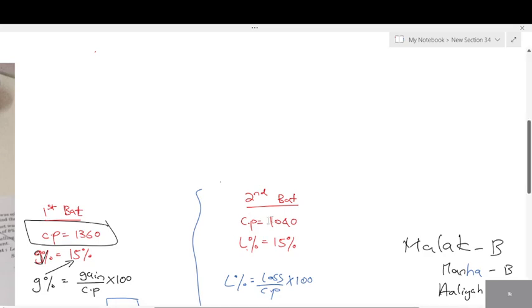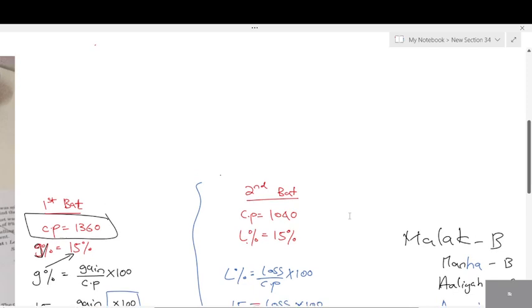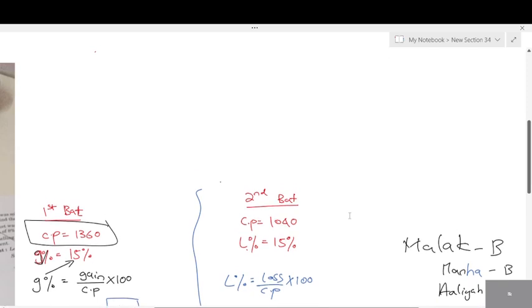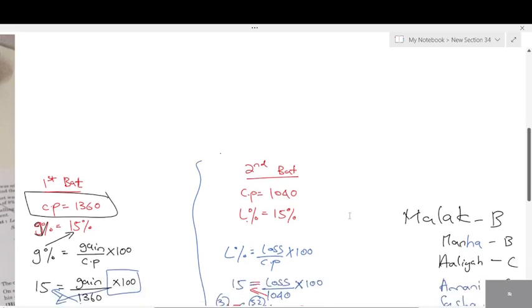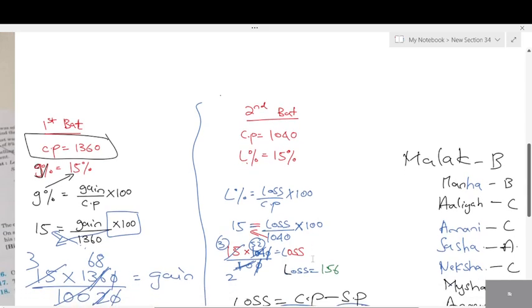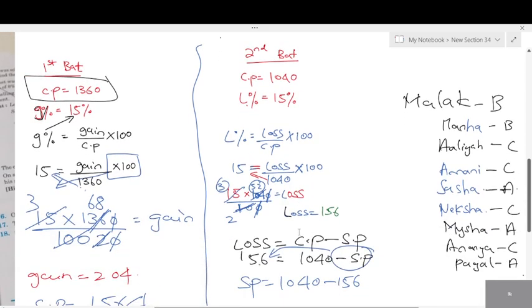No, no. Do it from the beginning. Who answered it? Malak. Okay, Malak. Write the formula. Write the second calculation, student. Second product. Loss. All this thing. 1040 minus 156.